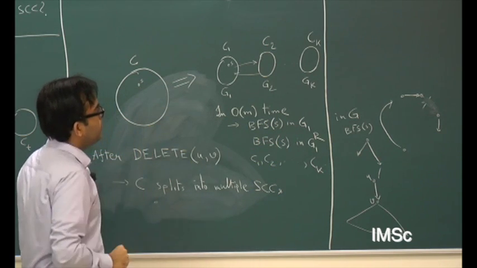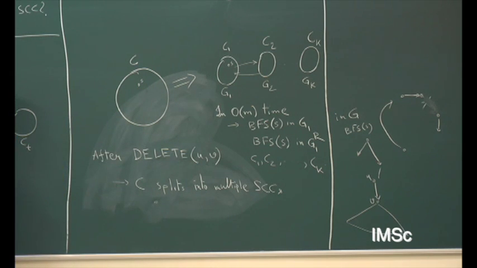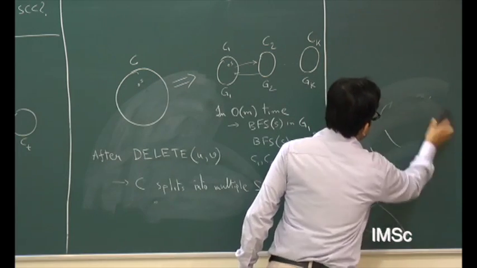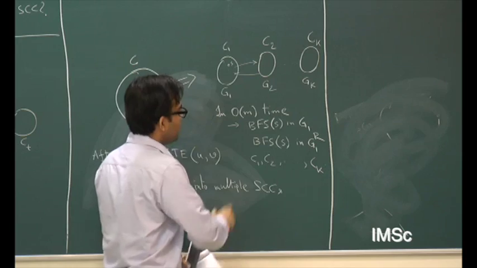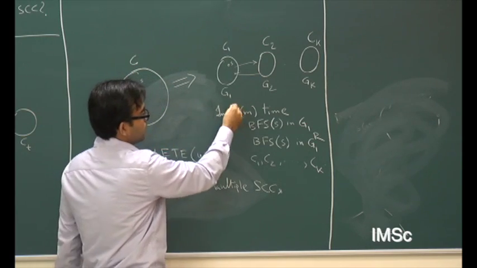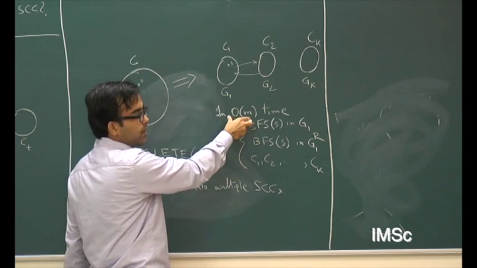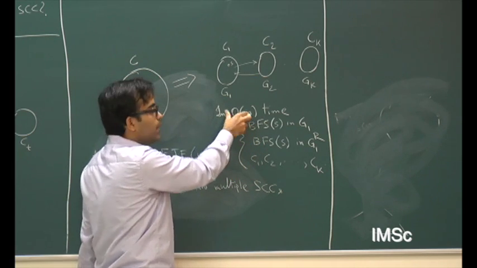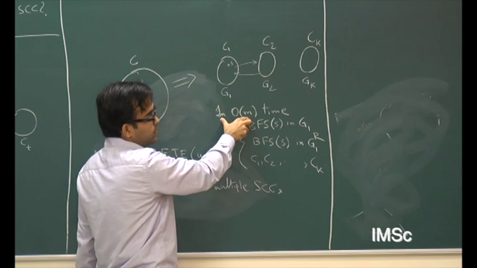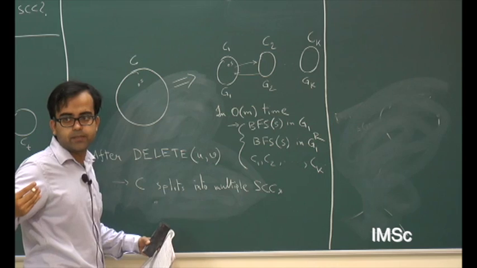What is the total time we are spending in maintaining the BFS trees from S? O of mn. So, let us just look at this procedure. What will be the runtime? First of all, to find these structures we are spending O of m time, but this split can occur at most n times, right, because at most you can get n strongly connected components.